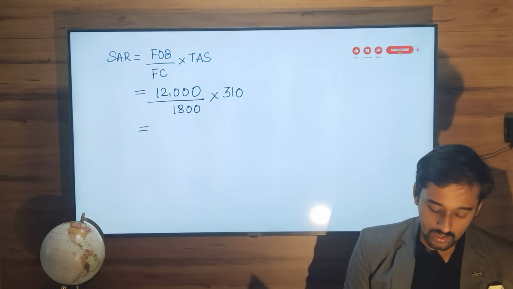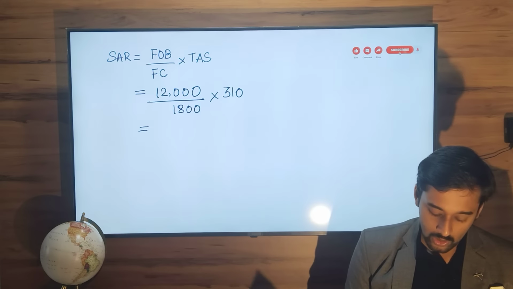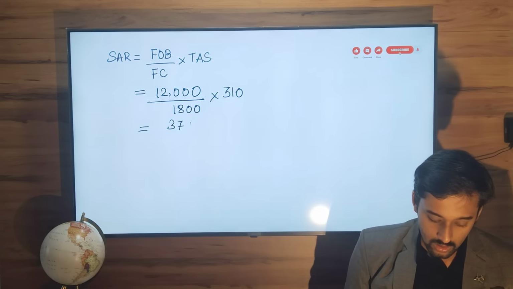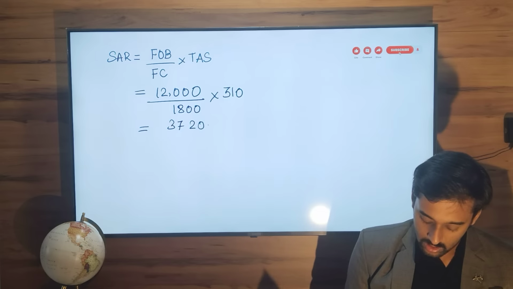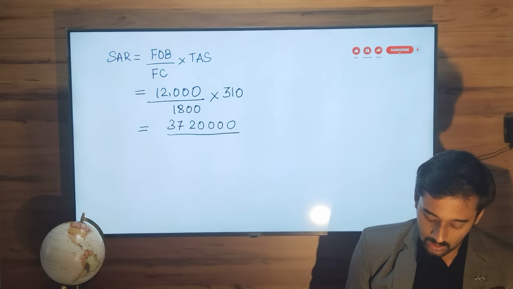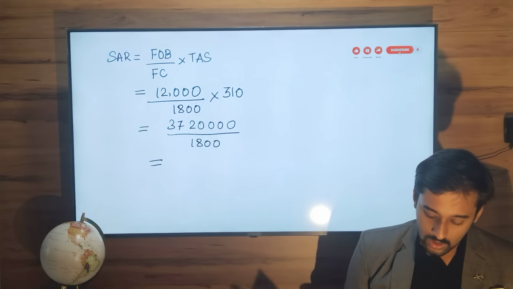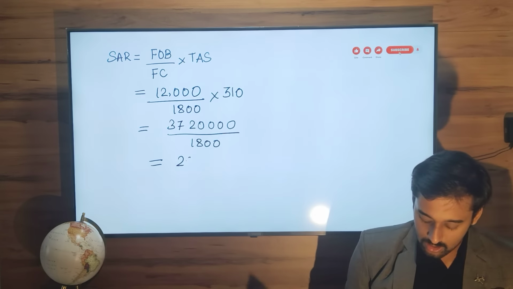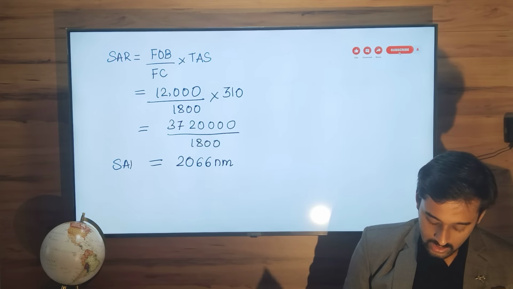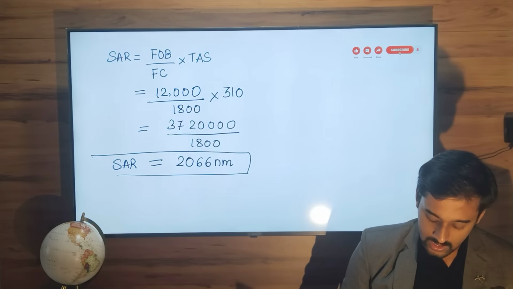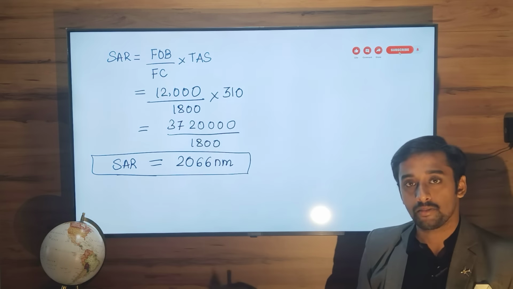So 12,000 into 310 is 372 divided by 1,800. So still air range is 2,066 nautical miles.